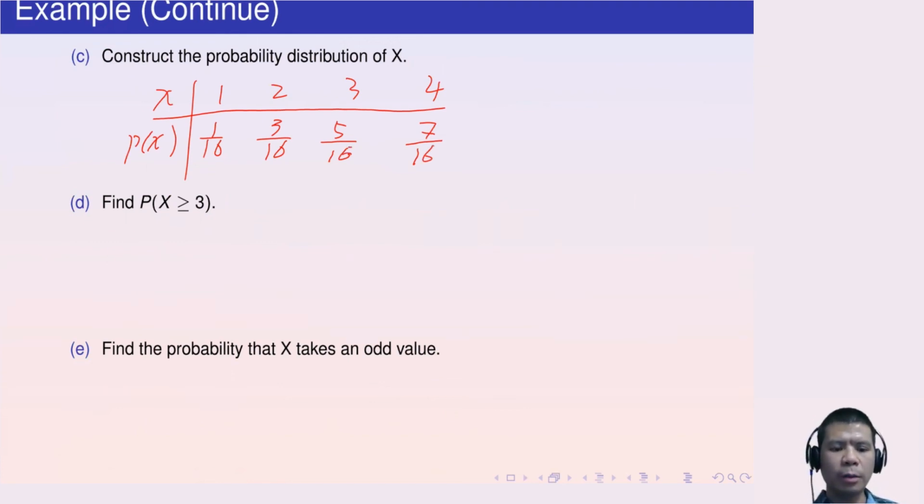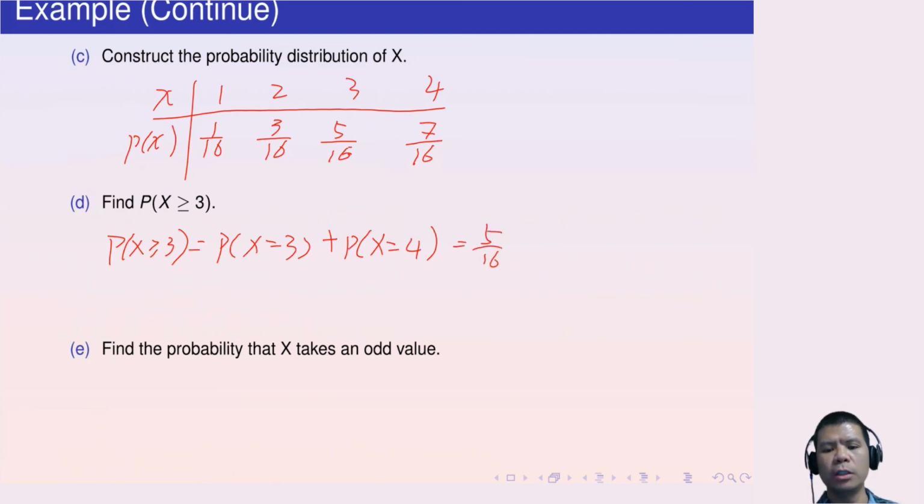And we want to find the probability for X greater than or equal to 3. That's the probability for X equals 3 plus the probability for X equals 4, which is 5 over 16 plus 7 over 16, so 12 over 16, or 3 out of 4.